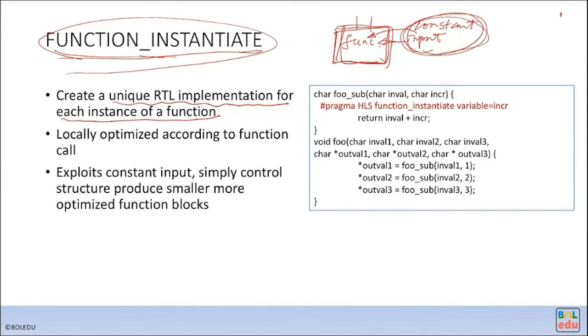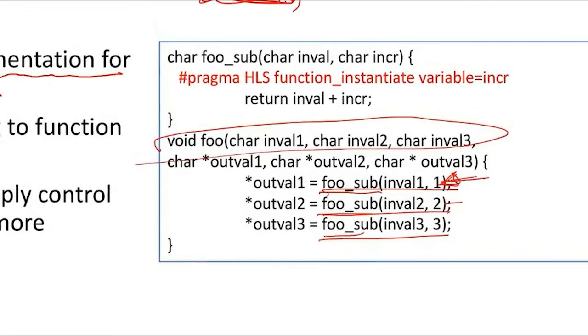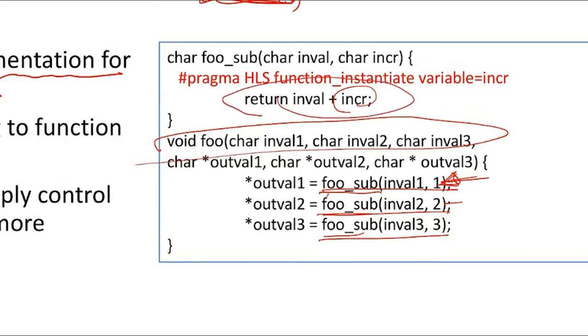For example, here, this function is called foo three times. However, they have some inputs that are constant, and the constant input can be propagated into the function. For example, plus 1, plus 2 and plus 3 can give you different optimizations for this function. So in this case, you put this pragma so that whenever you call it, it creates a unique instantiation of this function. So you get a better optimization.